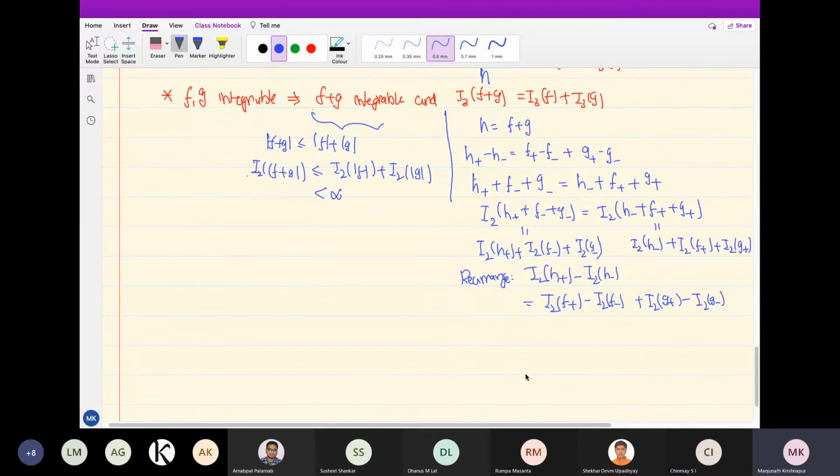That is same as I3 of H equal to I3 of F plus I3 of G.